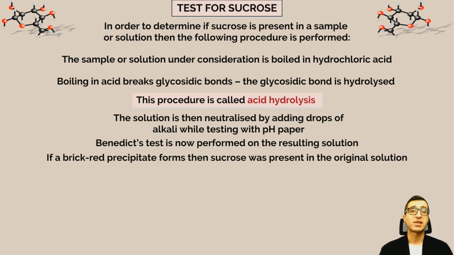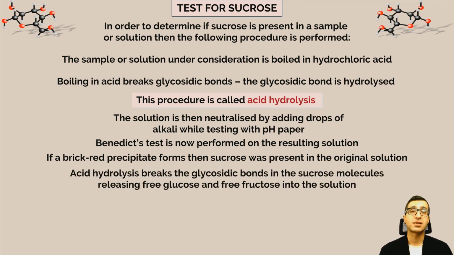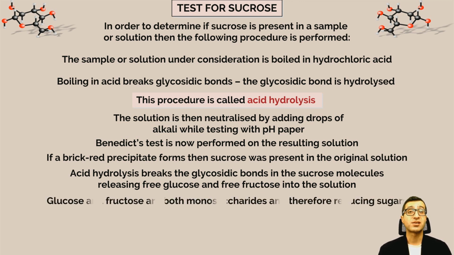Now, the reason for this is that the acid hydrolysis breaks the glycosidic bonds in the sucrose molecules, and this releases the free glucose and fructose monosaccharides into solution. Now, glucose and fructose are both monosaccharides and therefore both reducing sugars, and so it's for this reason that the subsequent test with Benedict's solution will yield that definitive result, that brick red precipitate.